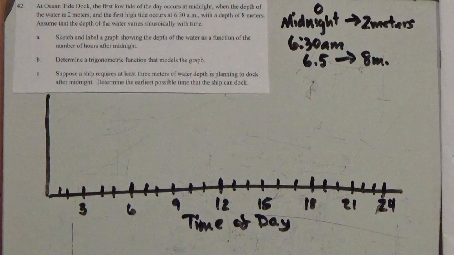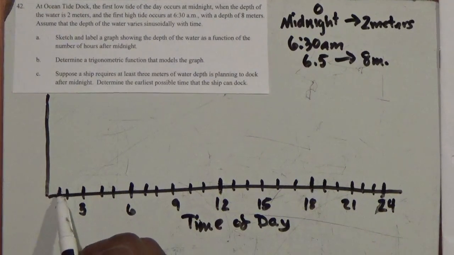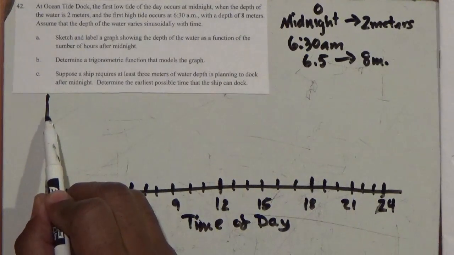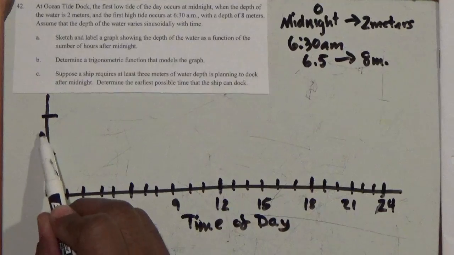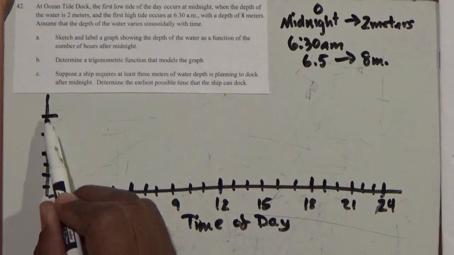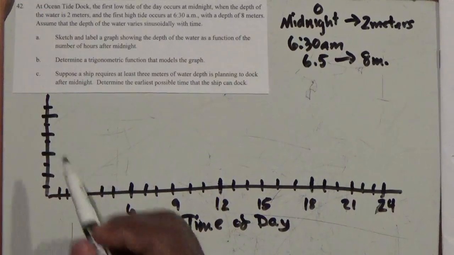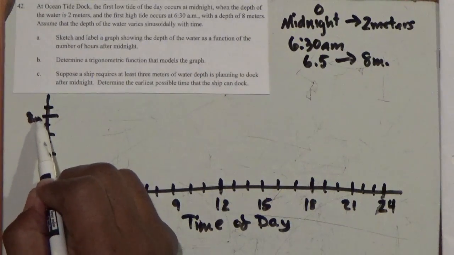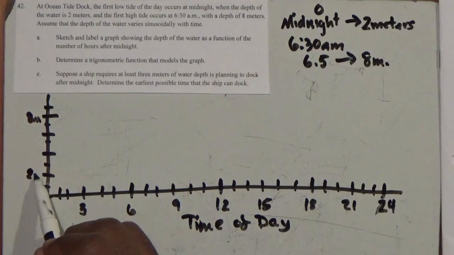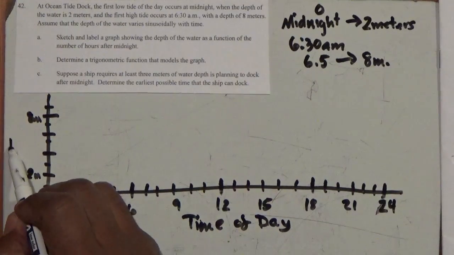So we have two pieces of information. Let's give our y-axis here. We'll put 8, 9. We're at 8 meters is the high, and the low is 2 meters, and this is depth.